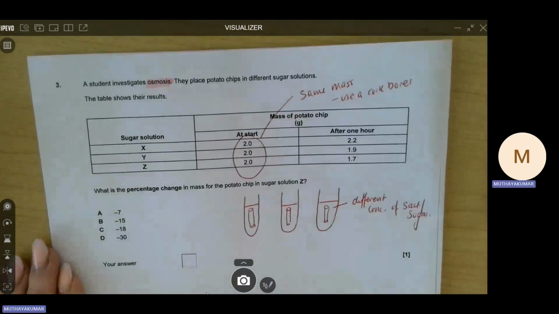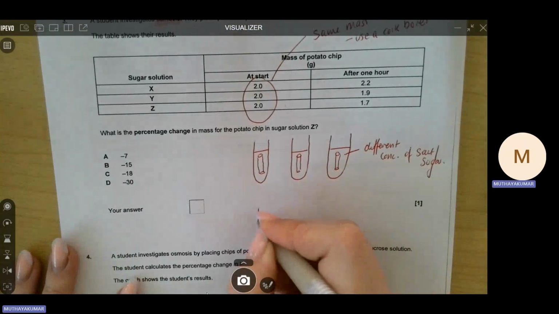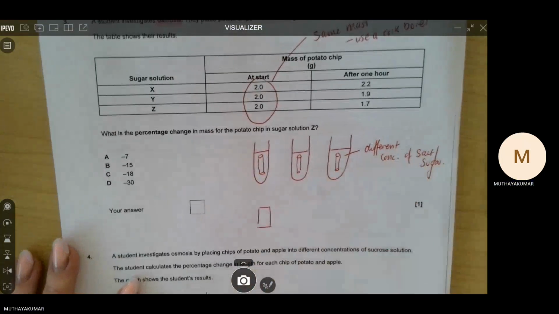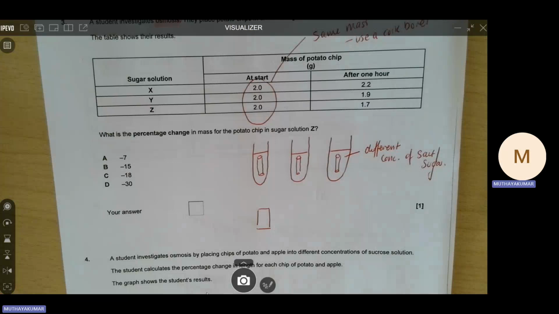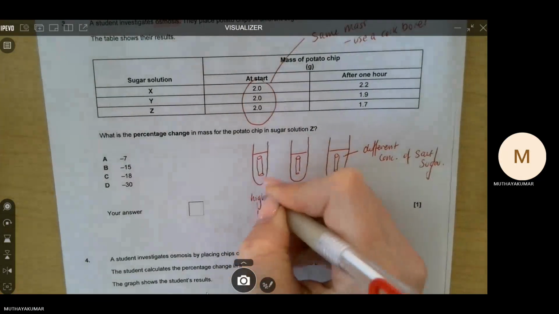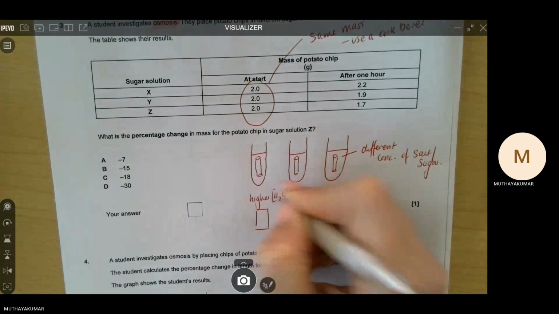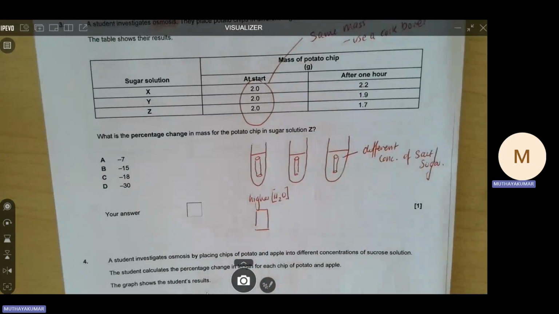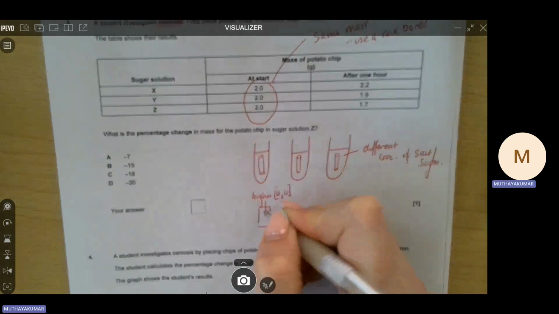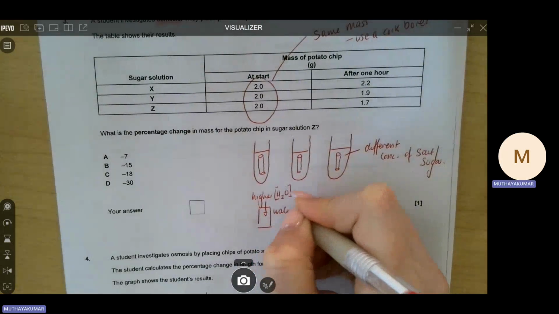Now, if we think about the reasons why this is occurring, if you've got a plant tissue, and you place it in a solution that's got a higher water concentration, so if it's a higher water concentration, the water is going to move into the plant cell.